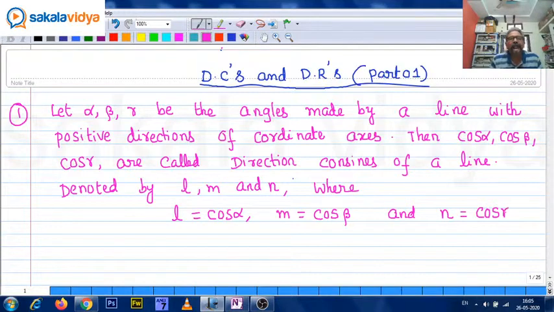So this is the definition of the direction cosines. Understood now?